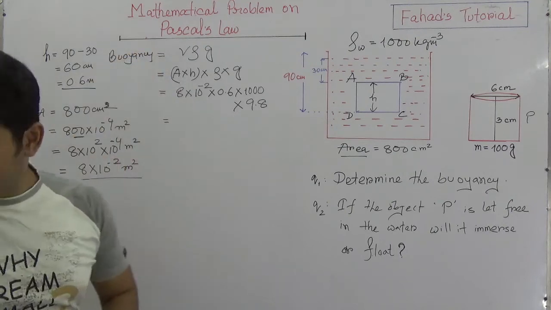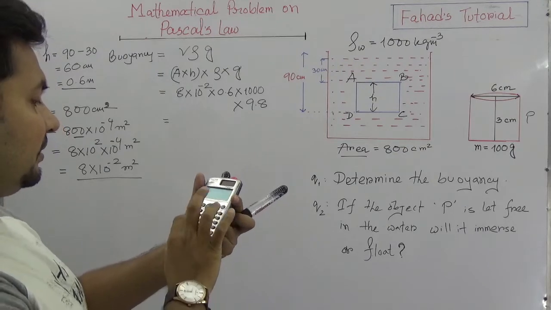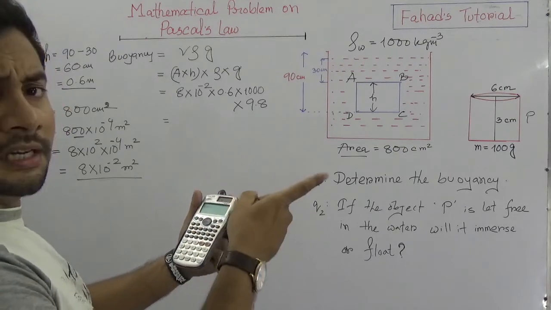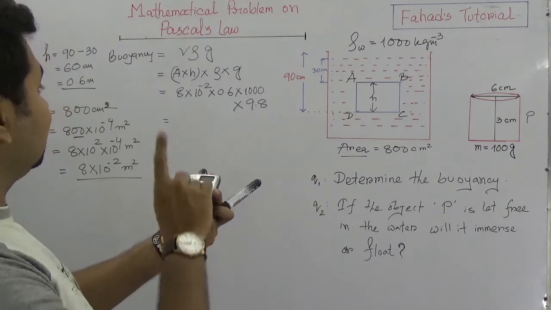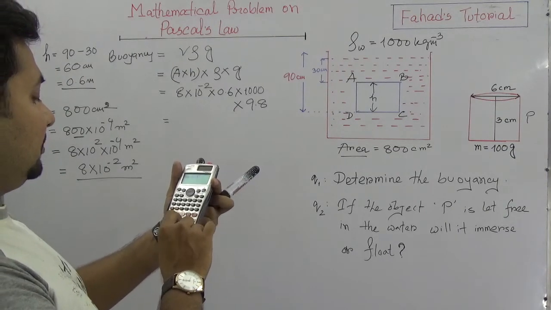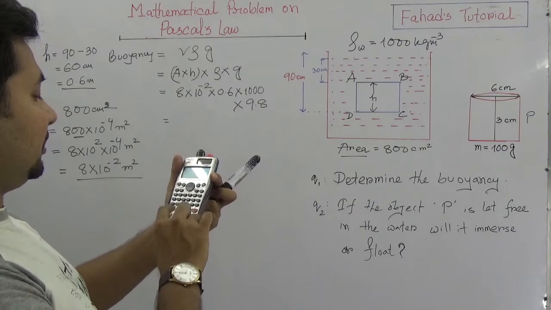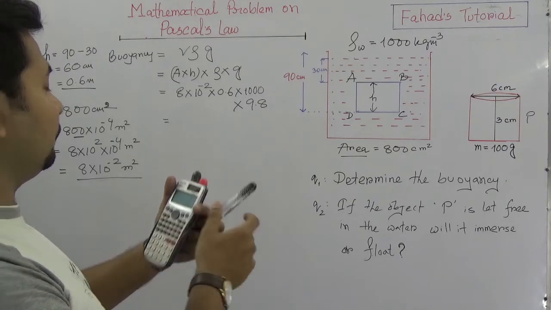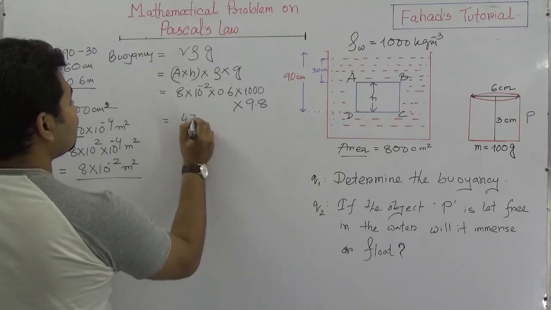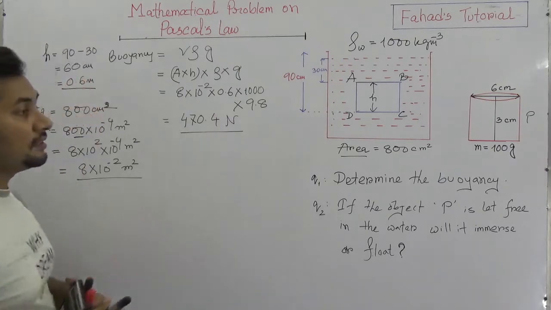Okay, now we need to find out the calculation. 8 times 10 to the power minus 2 is actually 0.08, times 0.6, times 1000, times 9.8, which is 470.4 Newton. This is the buoyancy.